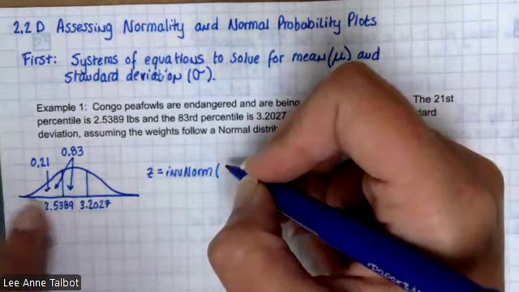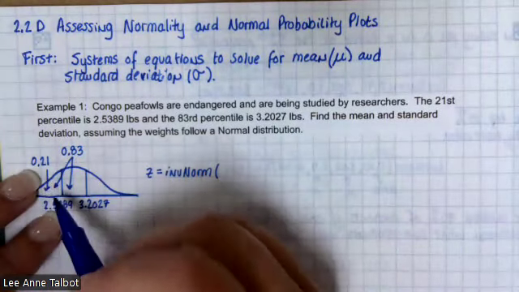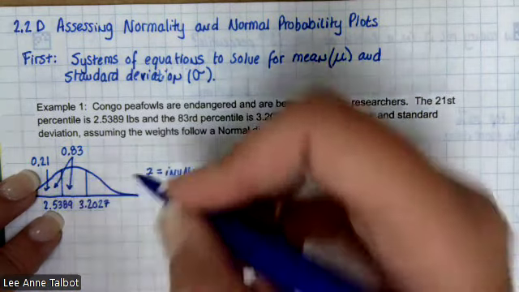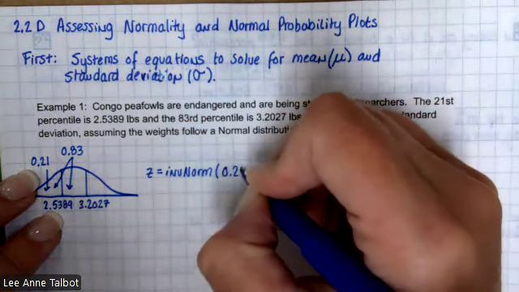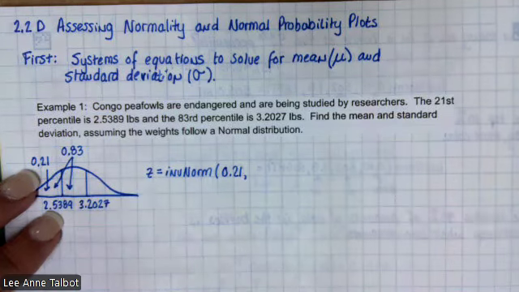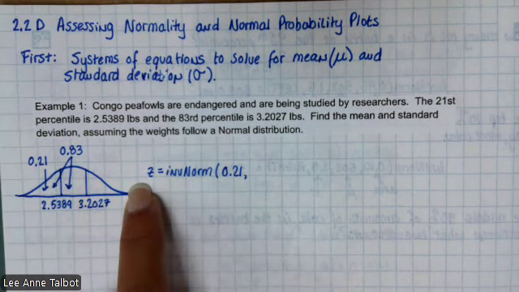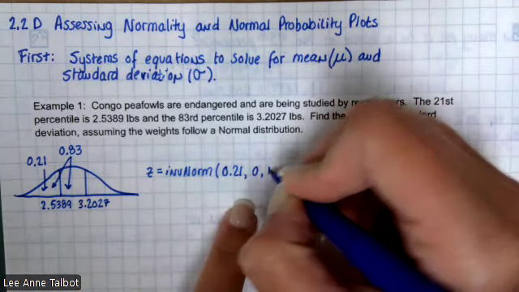But what is the area for this little bit right here? Yep, 0.21. And the mean and the standard deviation are what we're solving for in the problem. However, what are the mean and standard deviation when I'm talking about z-scores specifically? 0 and 1, yes.